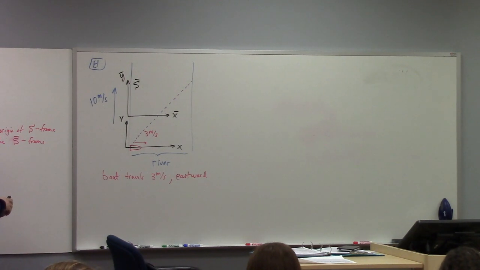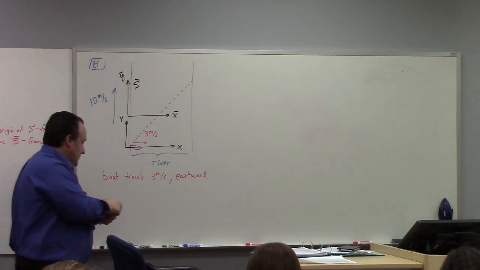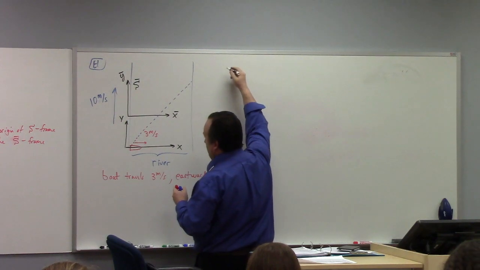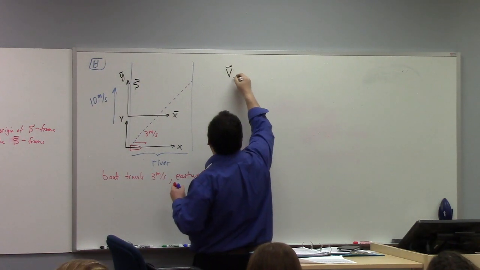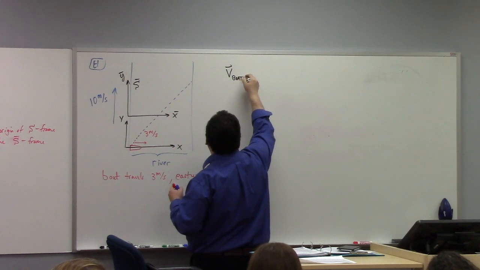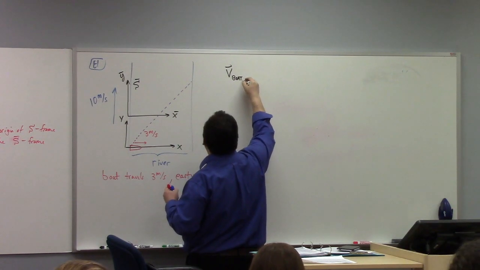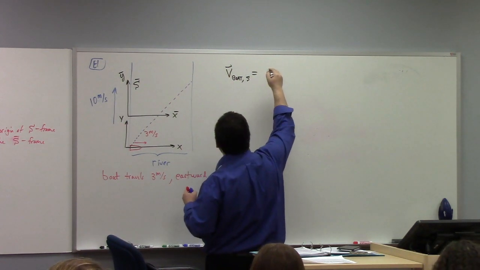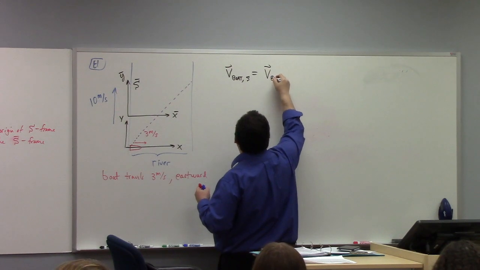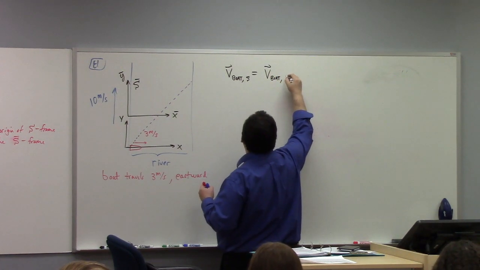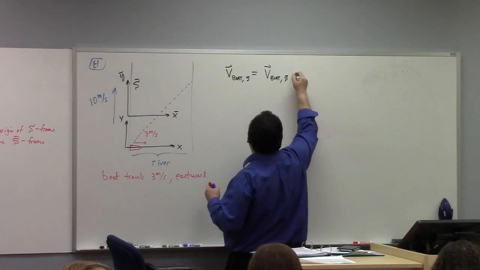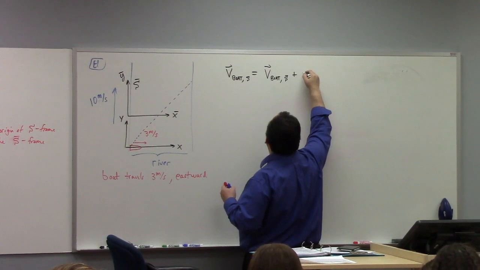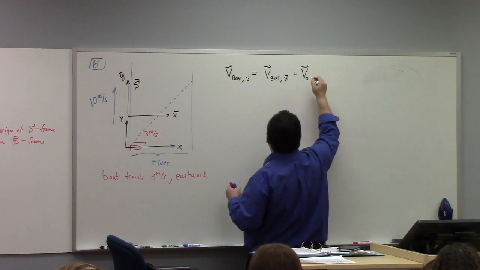So without getting too mired in the mathematics here, let me just get straight to what we should say, which is that the velocity of the boat with respect to S is equal to the velocity of the boat with respect to S bar plus the velocity of the origin.